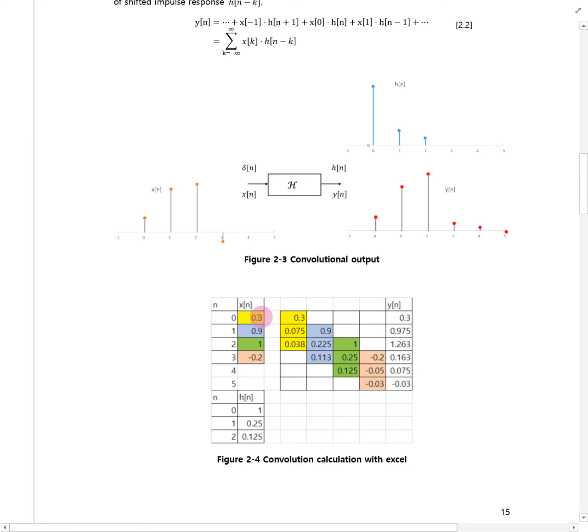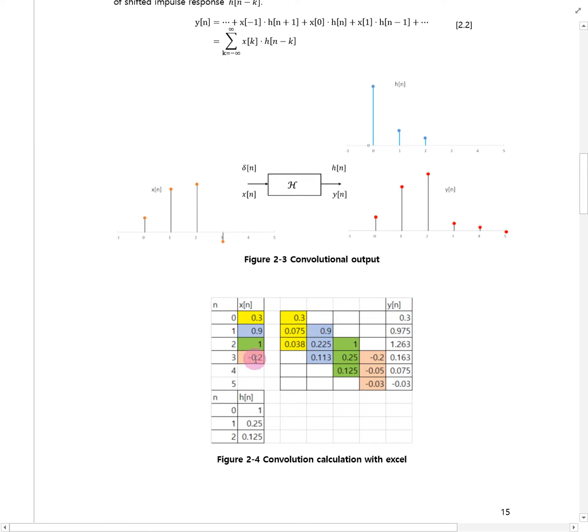It means that the input at n equals 0 spreads out this way. The impulse response has 3 terms of memory, so 3 terms exist here. Second, if 0.9 is applied at index 1, its contribution starts from index 1 and goes down 3 terms, scaled by h[n]. Similarly, at index n equals 2 the input 1 is applied, contributing from this time up to here.